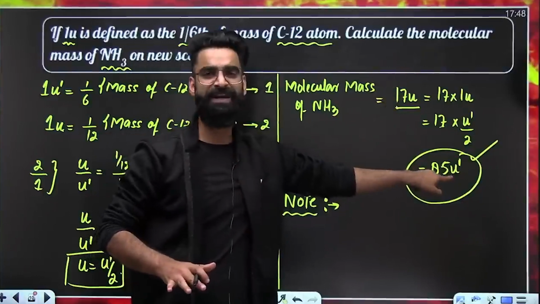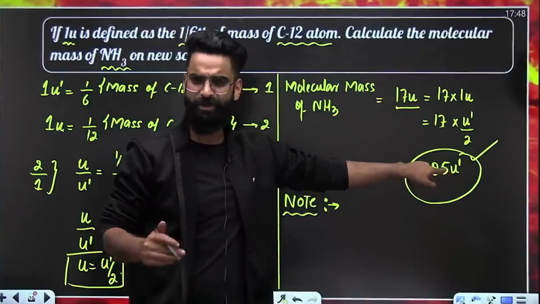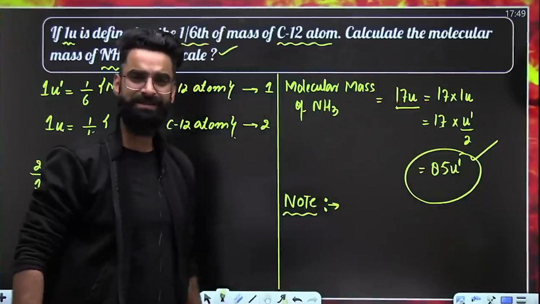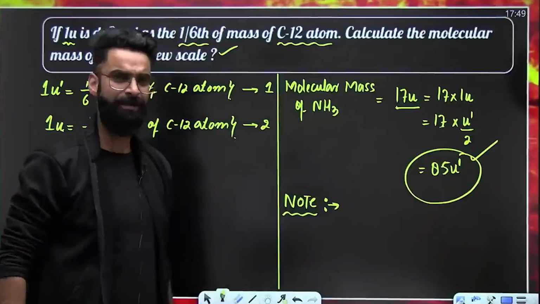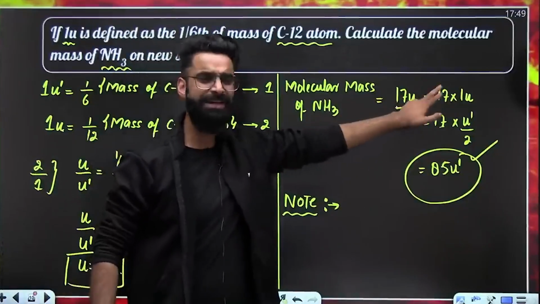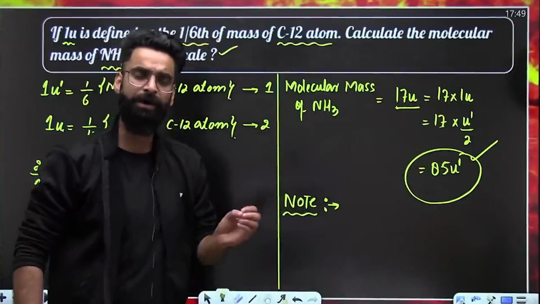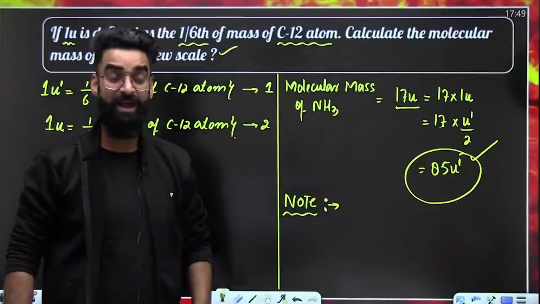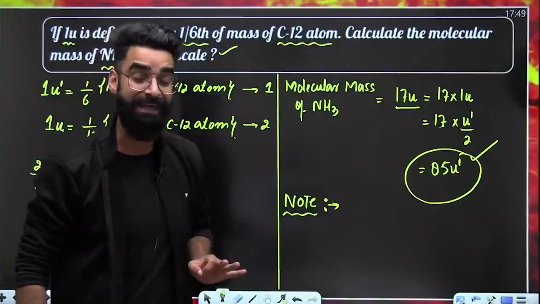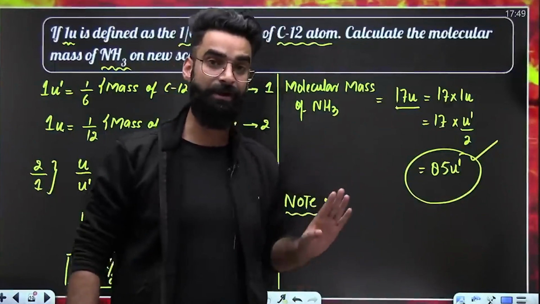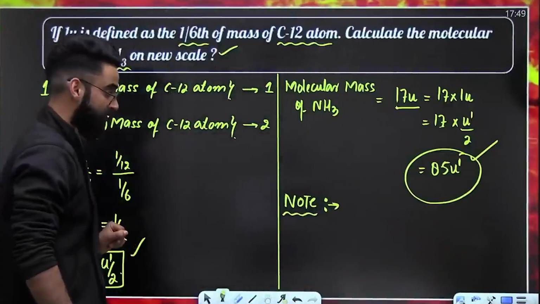This is the molecular mass of NH3 as per the new scale. On changing the scale, is the molecular mass of the substance changing? Yes. Initially it was 17U, now it's 8.5 U dash. So if you change the scale, the molecular mass of the substance changes. But do remember, on changing the scale, actual mass does not change at all.